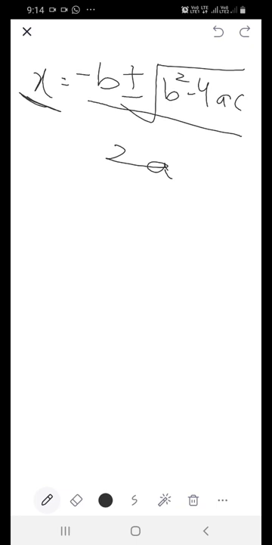Now how to find the value of a, b, c? In that case, you have to write a statement. Now I am using this formula in one of the equations, that the equation is x square minus 3x minus 9 is equal to 0.